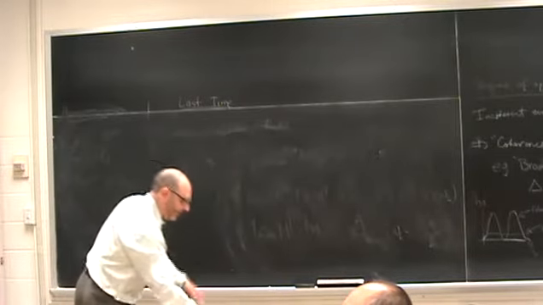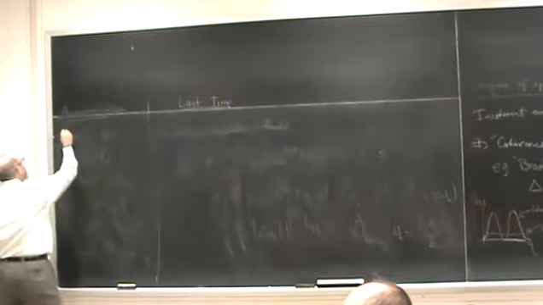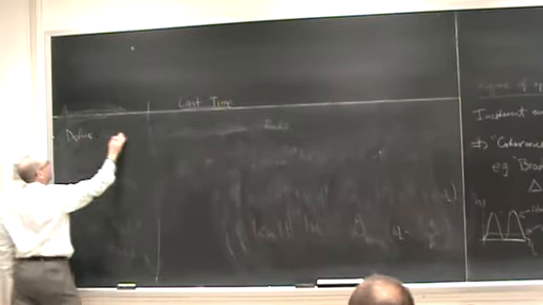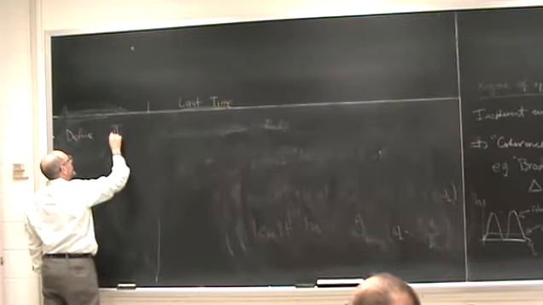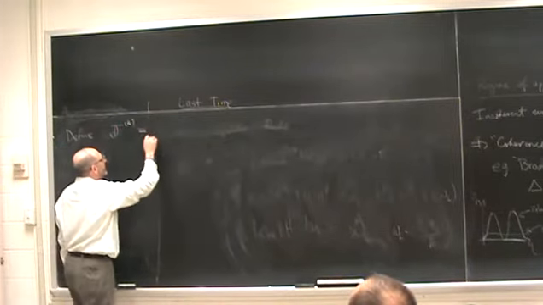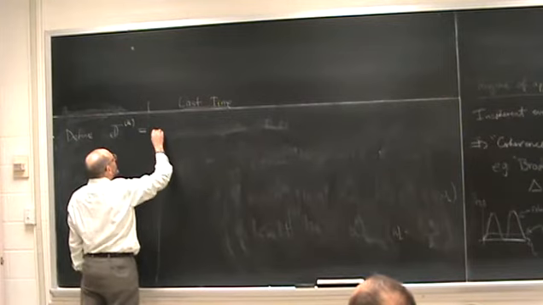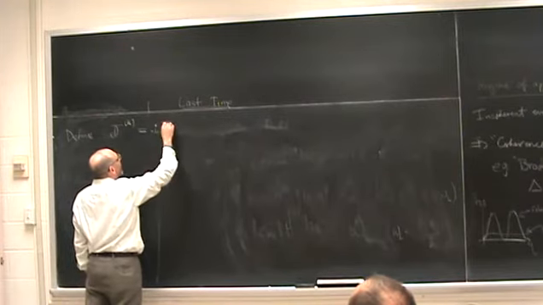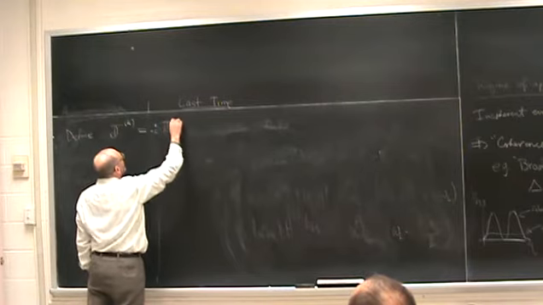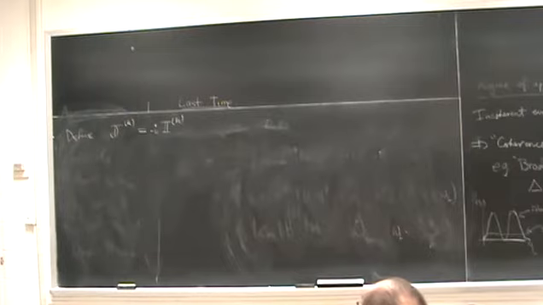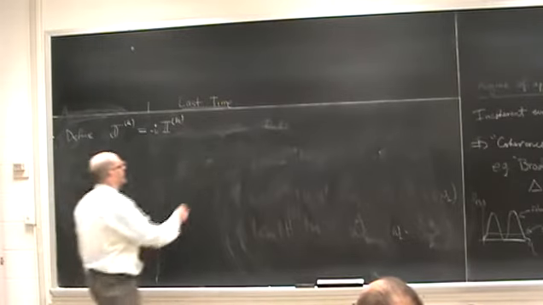I could define a set of matrices J_k as minus i times those guys. I could define those. These guys are Hermitian.